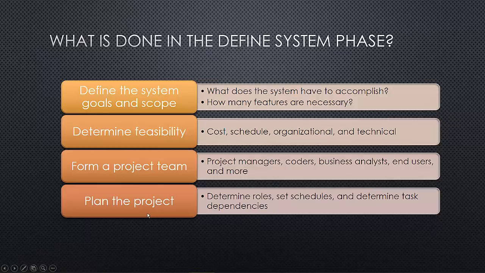So I talked about defining the system. The very first thing that we're doing here is asking ourselves, as I said before, what the system has to do and what are the necessary features.